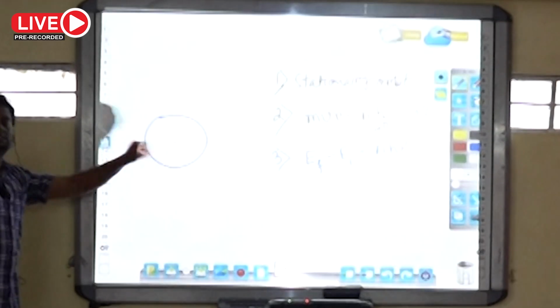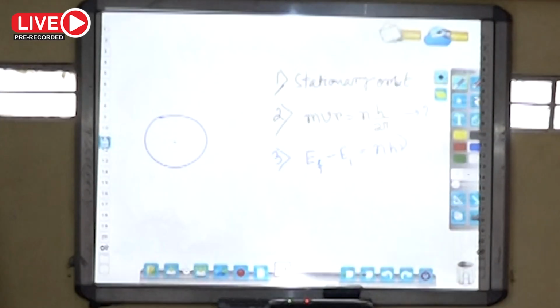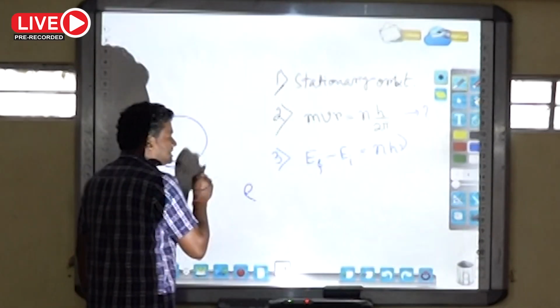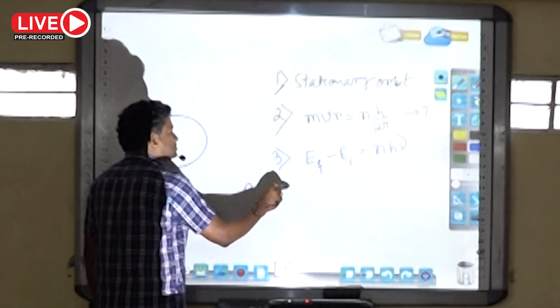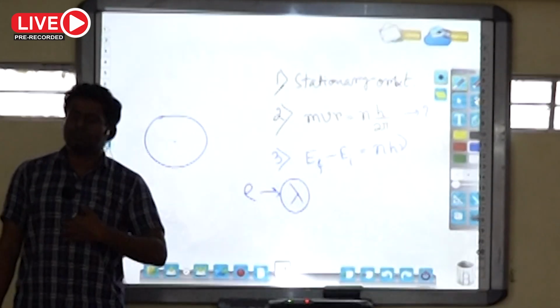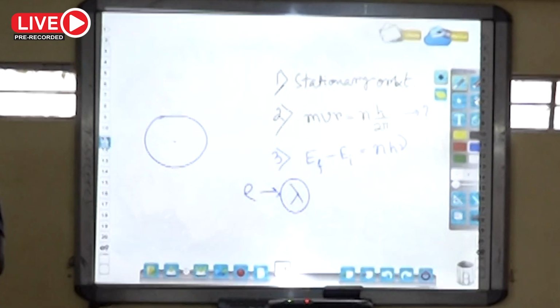So first Bohr considered a circular orbit, and he considered that with each electron there is an associated de Broglie wave, or matter wave, whose wavelength is lambda.